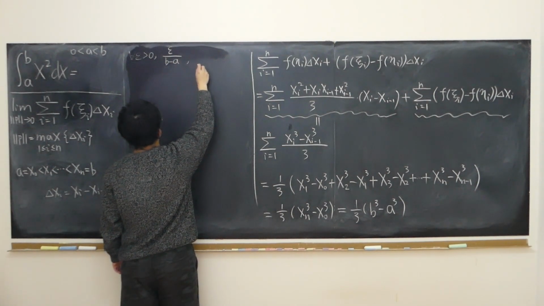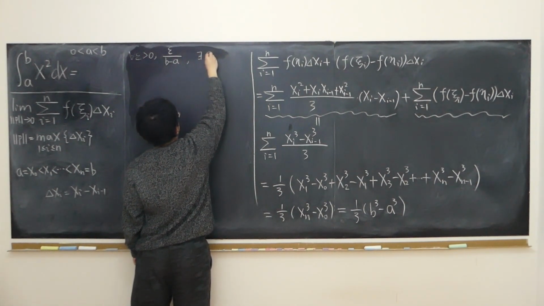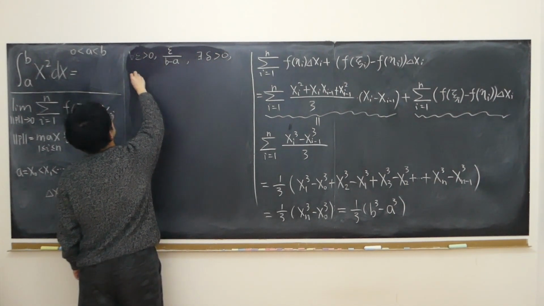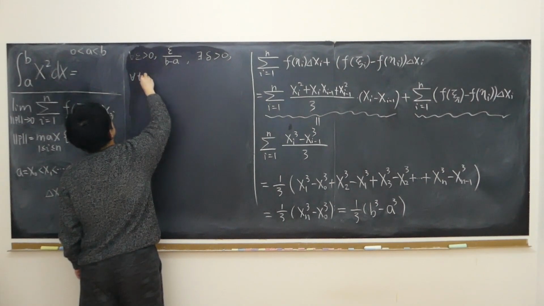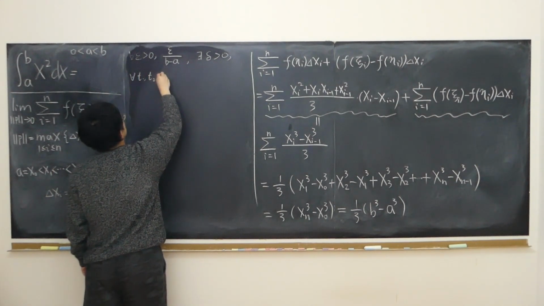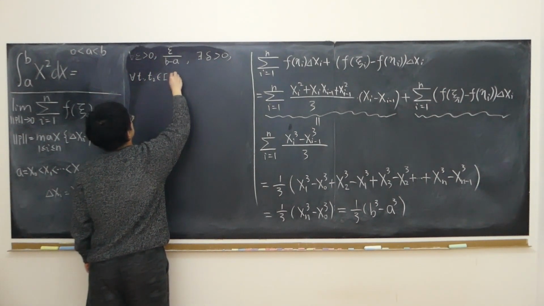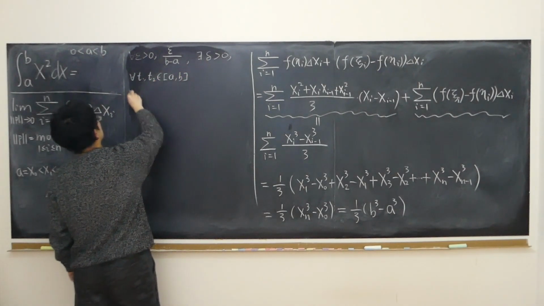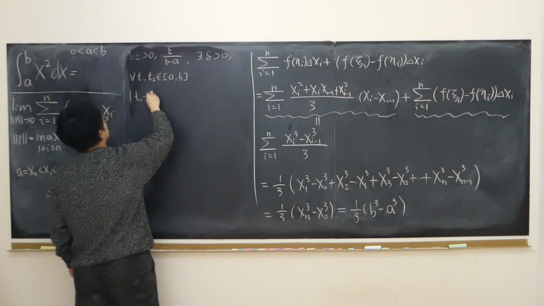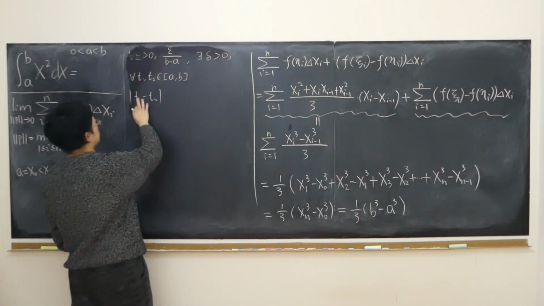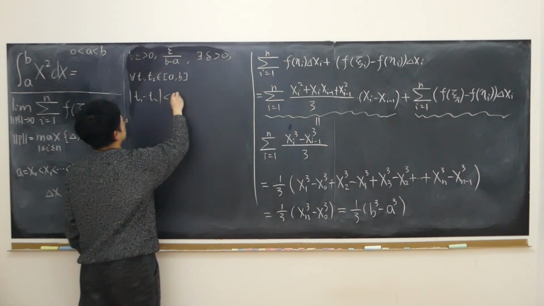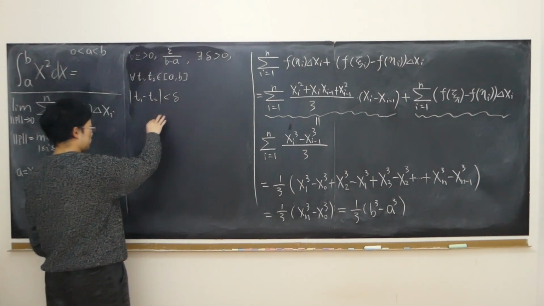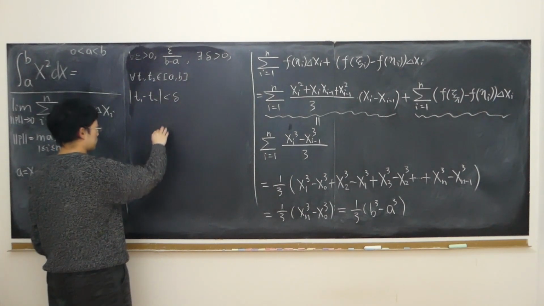Therefore, there exists a delta larger than 0 such that for any t1, t2 that live inside the interval AB, as long as they're close enough, then their corresponding functional values have to be close enough as well.